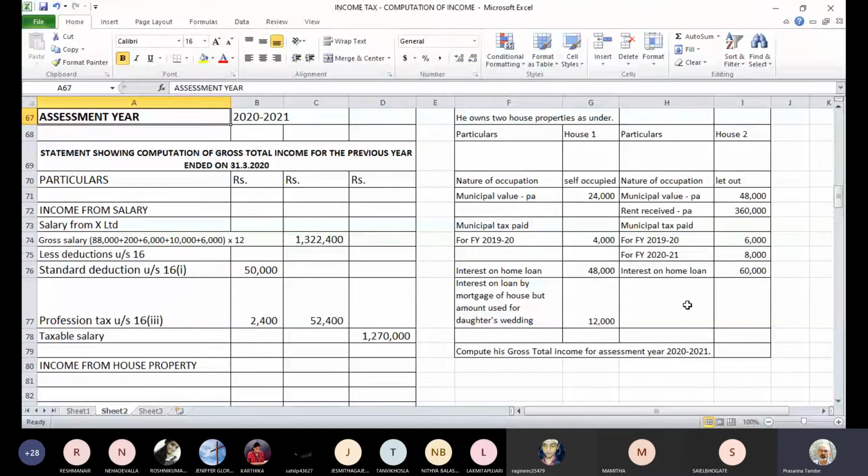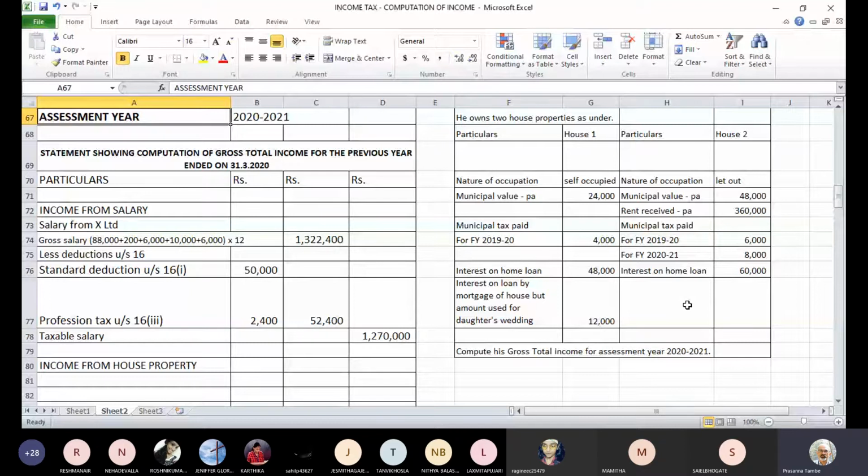The first one, HP1, is self-occupied, and the second one is a let-out property. Self-occupied means the assessee is using it for his own residential purpose, and a let-out property is given on rental basis. So we'll start with HP1 first, conclude that computation, and then we will go to HP2.